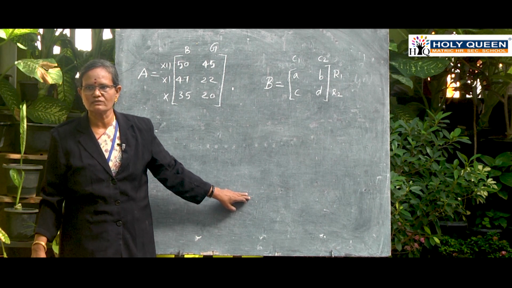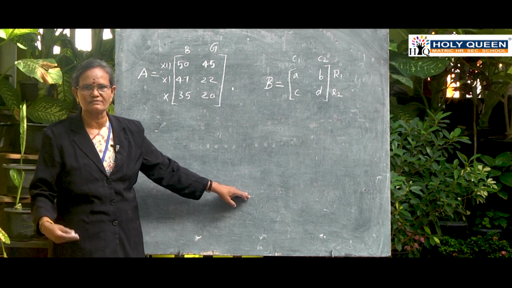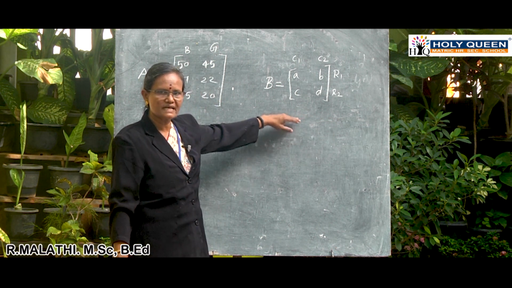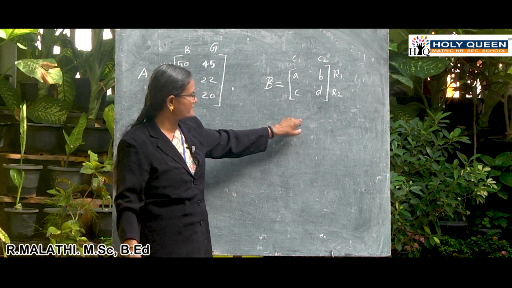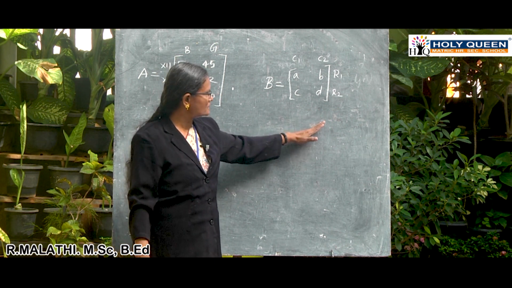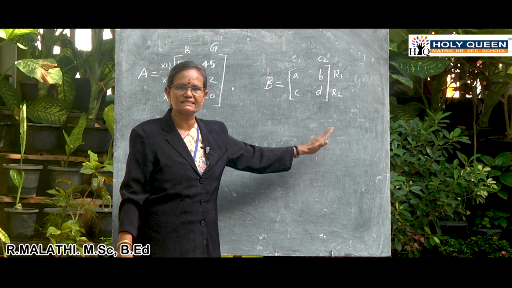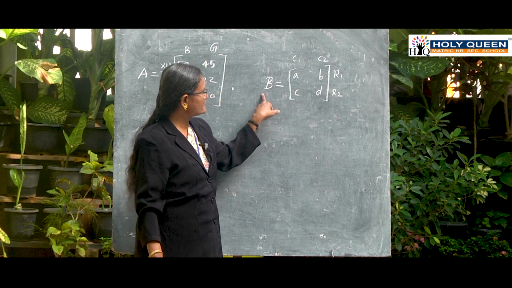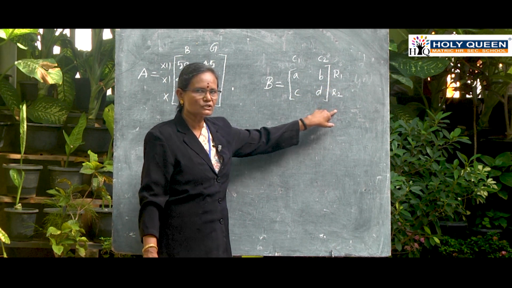Now we can find out the order of the matrix, or dimensions of the matrix. Students should remember, the order of the matrix is always denoted by first the number of rows, after that the number of columns. How many rows are there in matrix B? 2 rows.